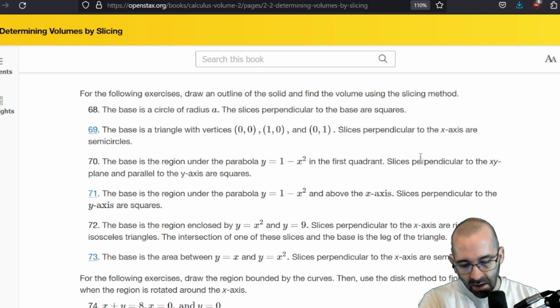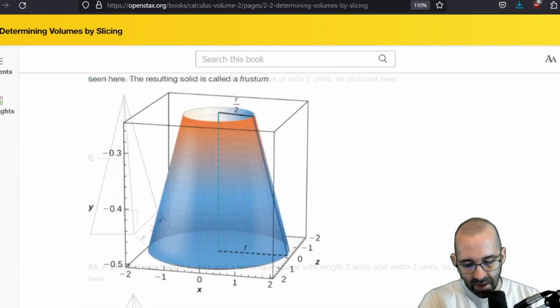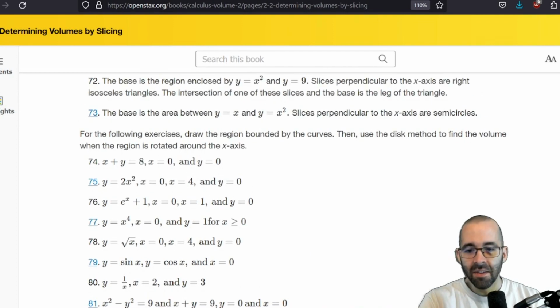And here the slice is perpendicular to one plane and parallel to the y-axis. Here it's perpendicular to the y-axis, so it's a little different. But again, they don't tell you. Oh, I hate it when the book does this. I'm not even going to click on this one. I'm going to click on a different web page, so I don't have to worry about it. I just want to make sure that they're interpreting this problem the same way I am.